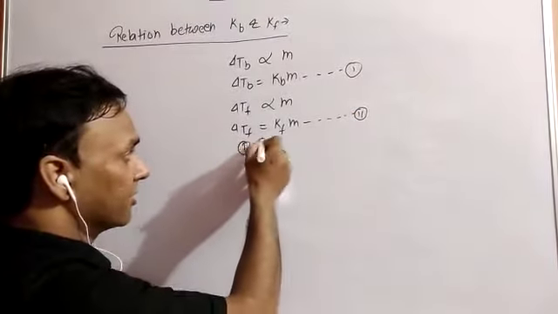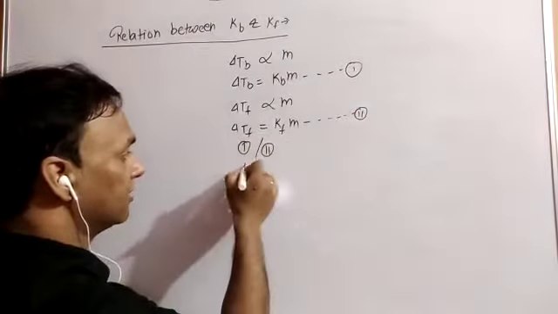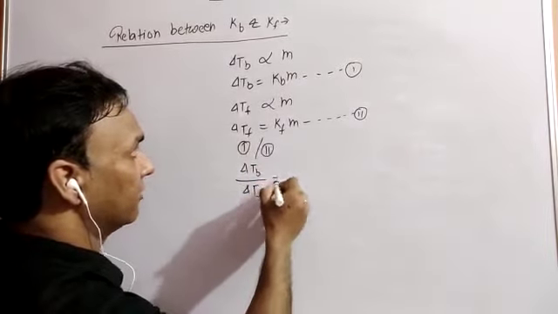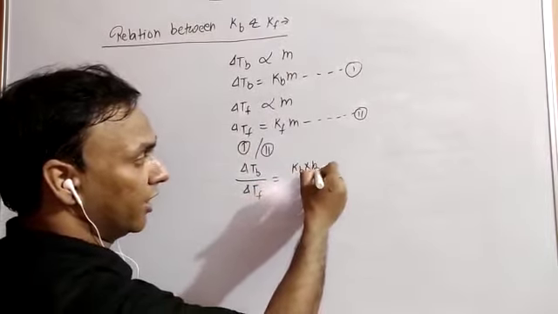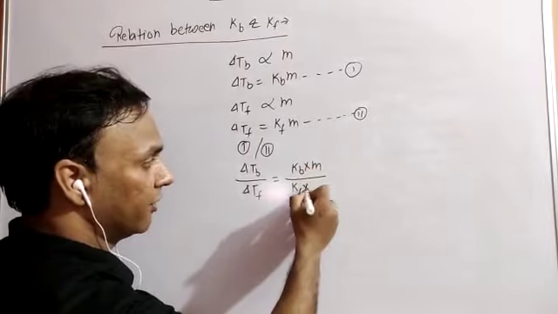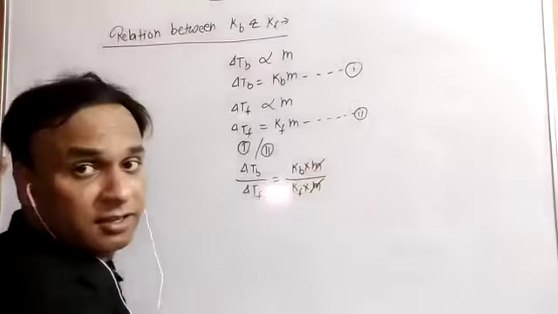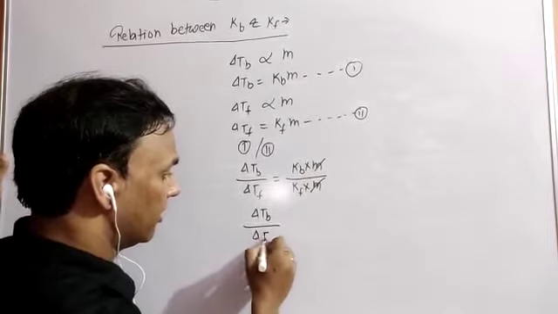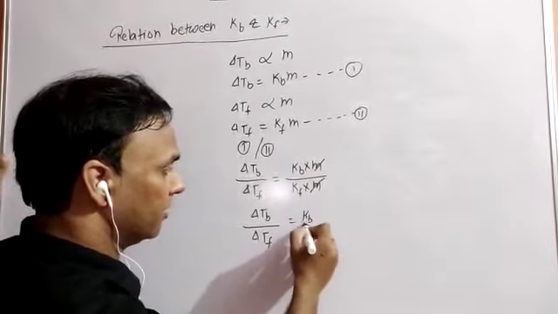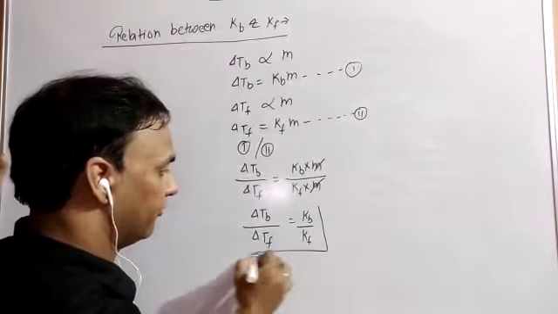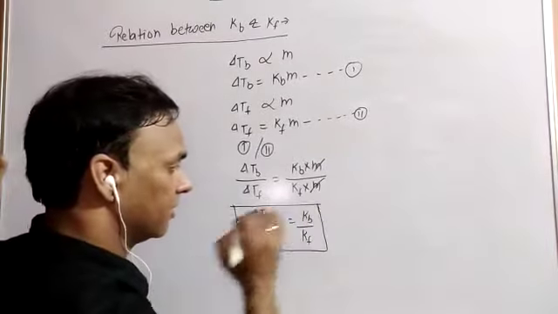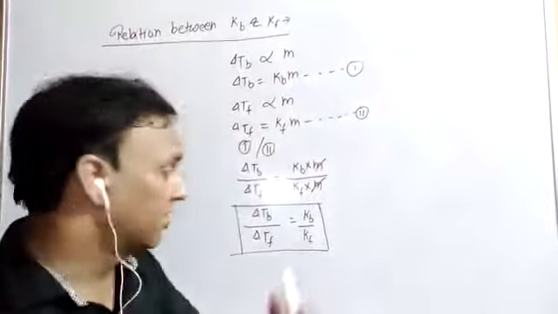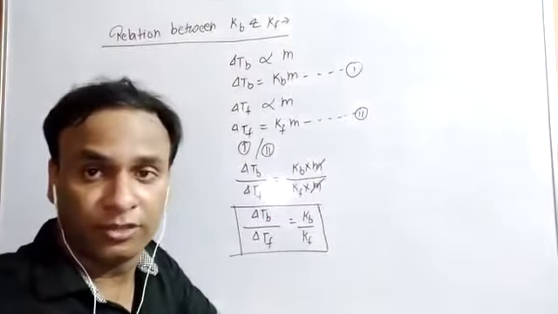When we divide the first equation by the second, delta Tb upon delta Tf equals Kb into m upon Kf into m. Molality cancels. That means delta Tb upon delta Tf equals Kb upon Kf. Clear? Kb is the molal elevation constant while Kf is the molal freezing constant.